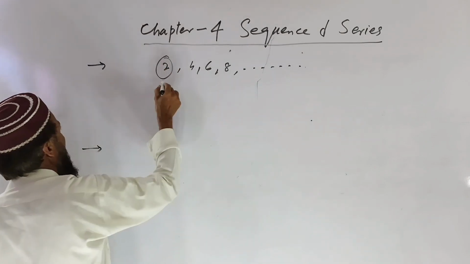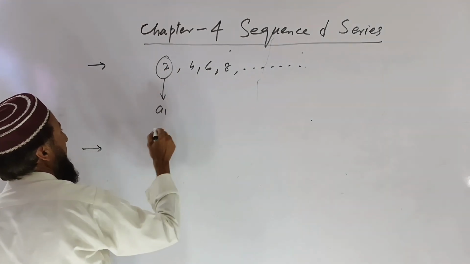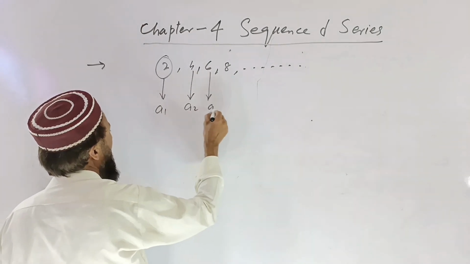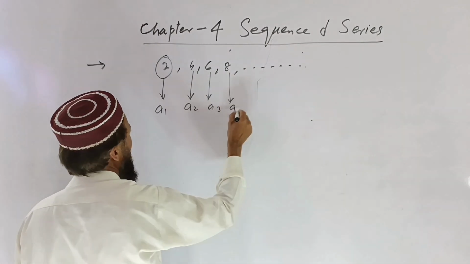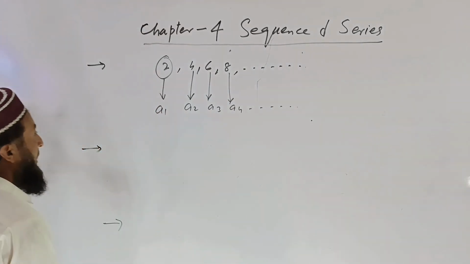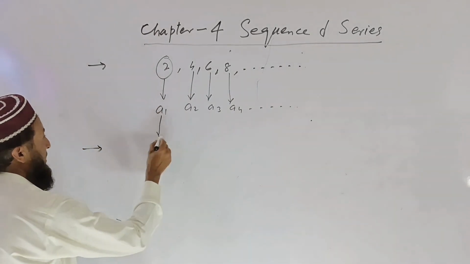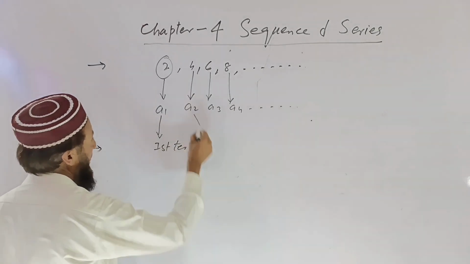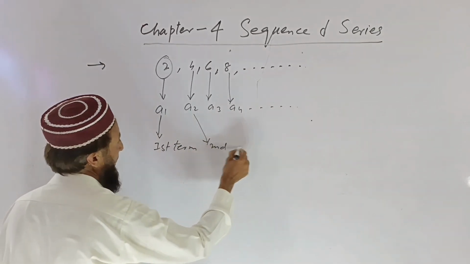Here 2 is called A1, then A2, A3 and A4 and so on. Here A1 is called the first term, and the second term and so on.